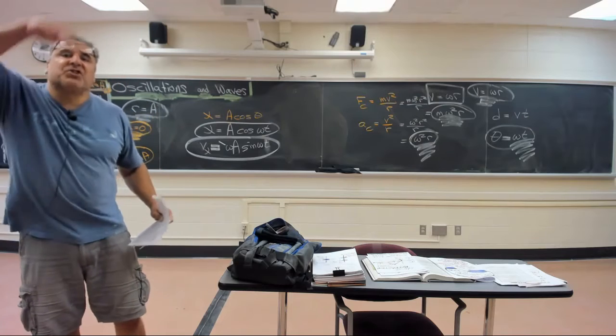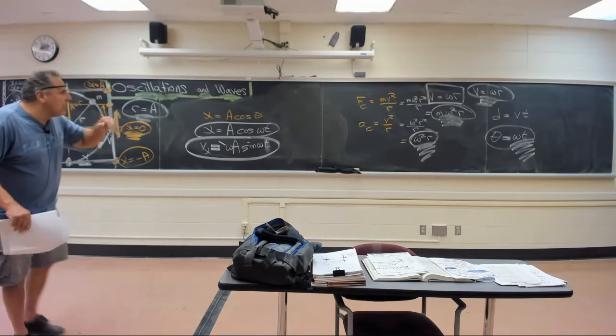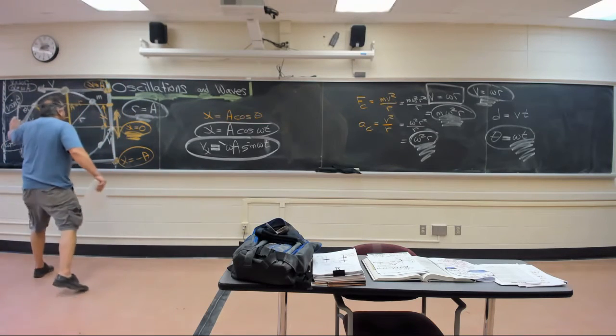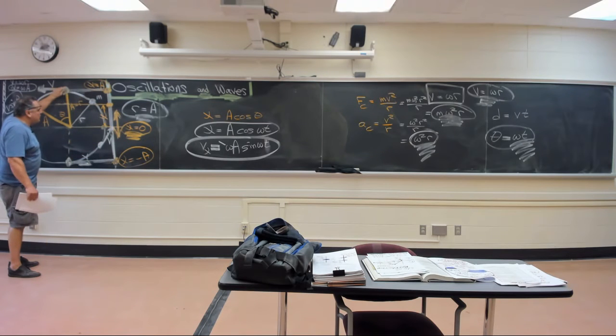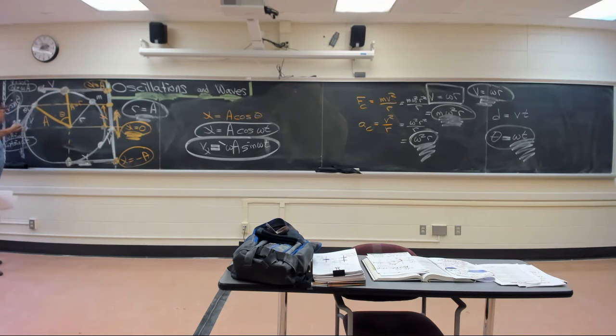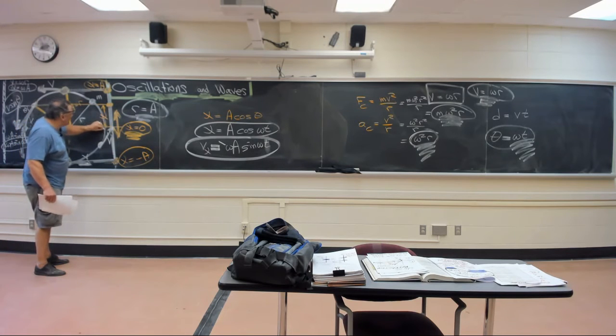But how fast is the shadow moving when you put the light on it? The shadow moves differently. Here there's the highest height, but no speed. Lowest height, but no speed. Here, there's no height whatsoever, and here there's no height whatsoever, but it's going at its fastest right here.